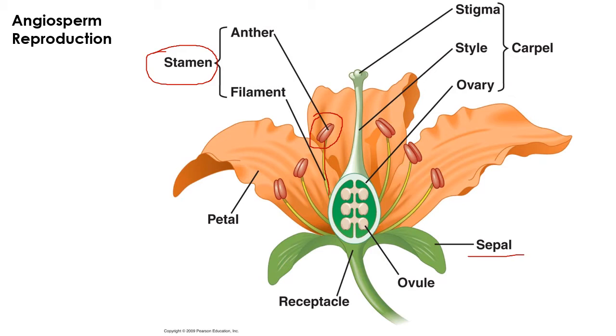The female parts of the flower are the pistil. So this structure in the middle here, and we can see we have the stigma at the top. This is where pollen grains can land, and then a pollen tube will germinate and go down the style, the middle part of the female part.